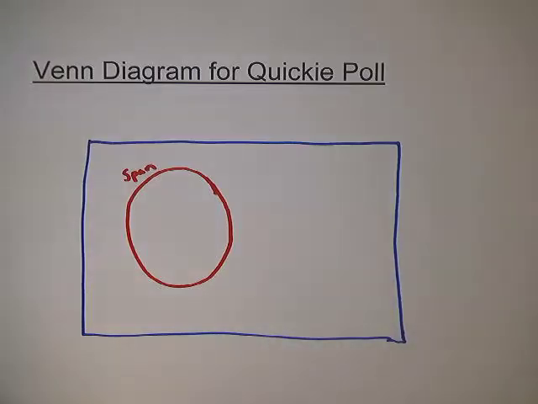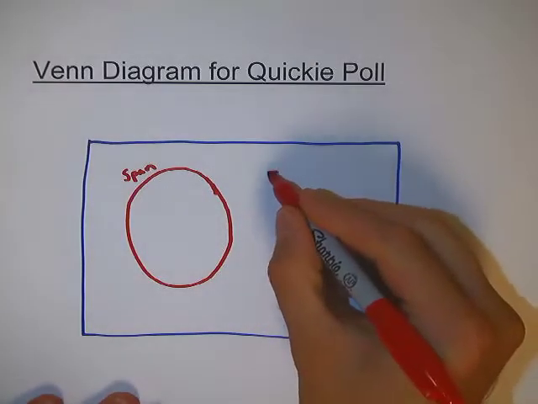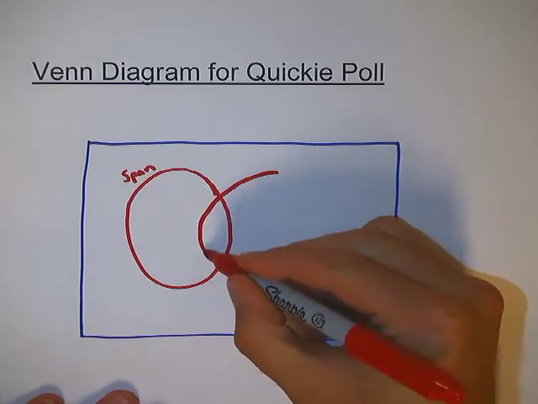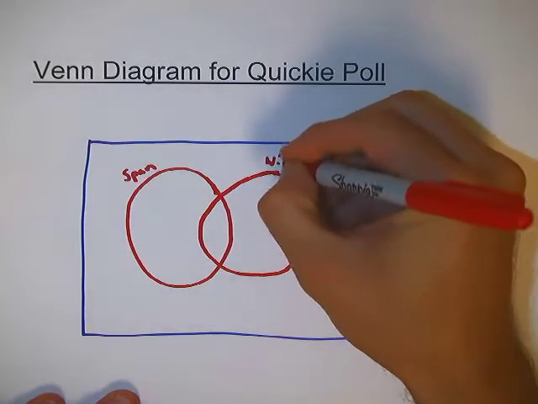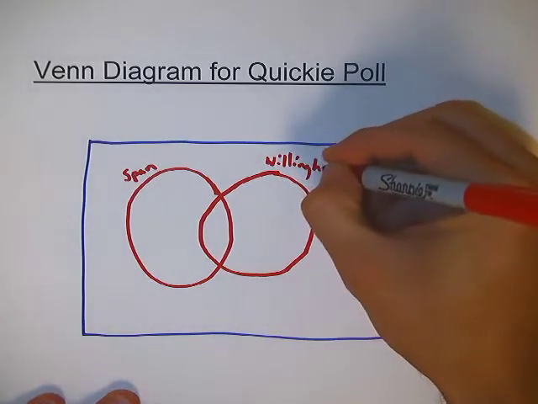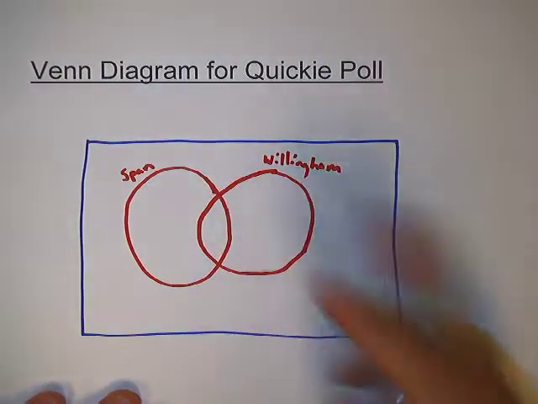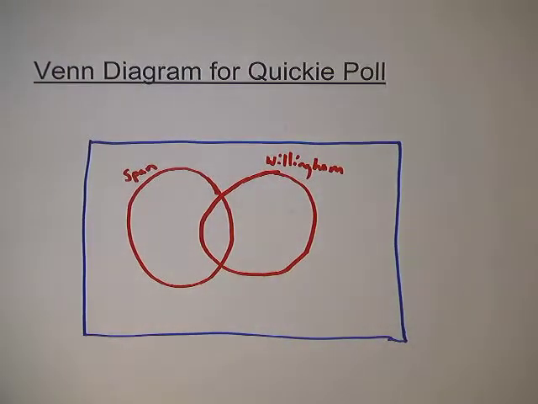Since there were people that wanted to trade both, I'm going to overlap these two circles. Then I'm going to write Willingham above that circle so we understand that the set of those people are the people that want to trade Span, or that want to trade Willingham.